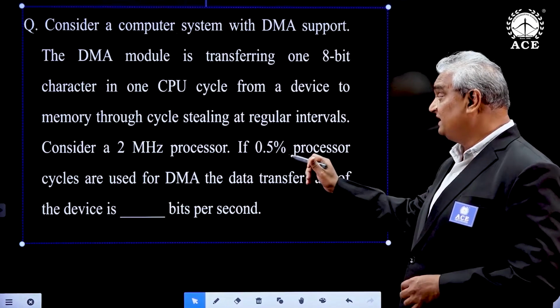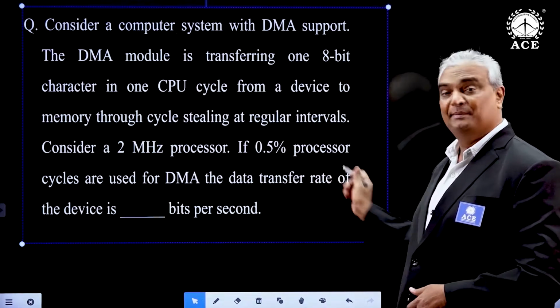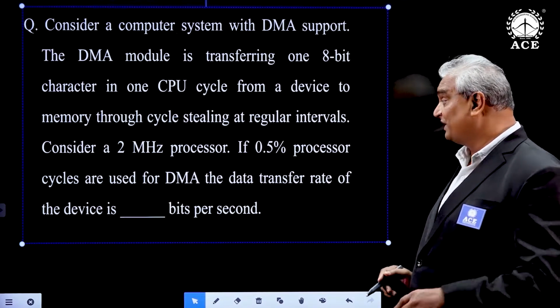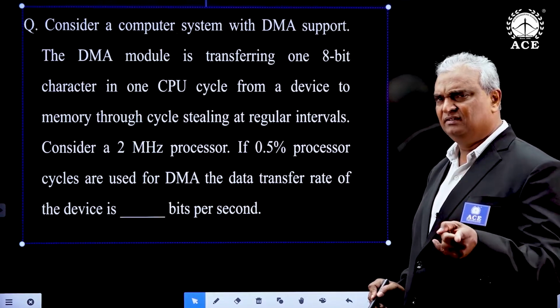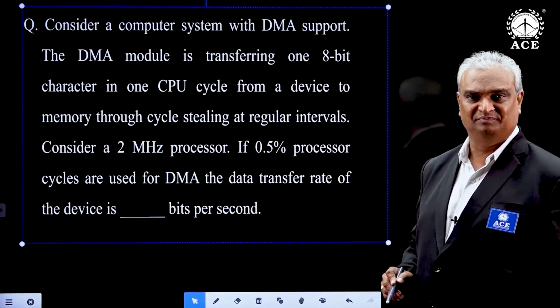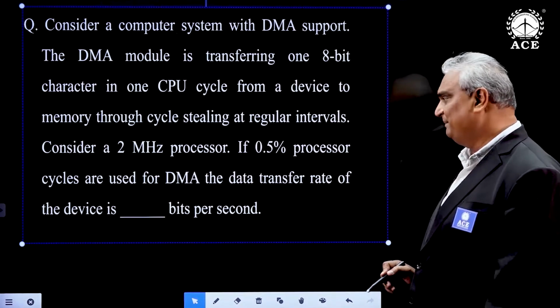Next, how much percentage of processor time is utilized for DMA transfer? 0.5%. He asked for the data transfer rate. You remember one thing, always rate is applicable only for 1 second time. Always data transfer rate is applicable for only 1 second time.